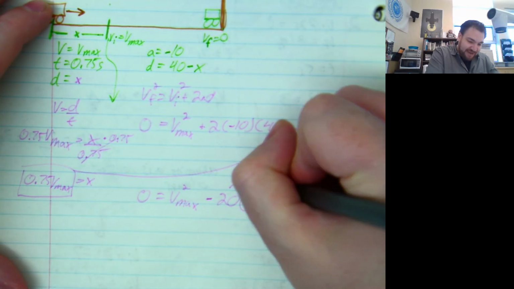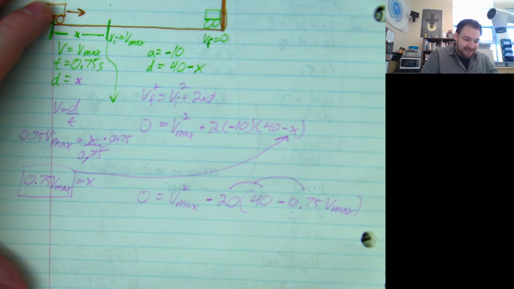I'm going to distribute that in, and we're going to get a quadratic, which, if I'm not mistaken, you do learn to solve in pre-calc 10. Or is it 11? You learn how to factor in 10, but the quadratic formula doesn't show up until 11, doesn't it?